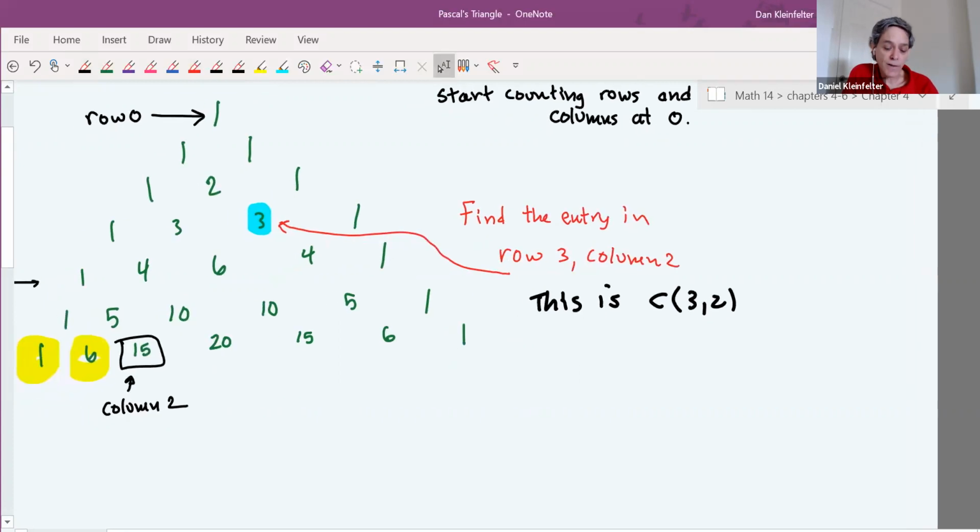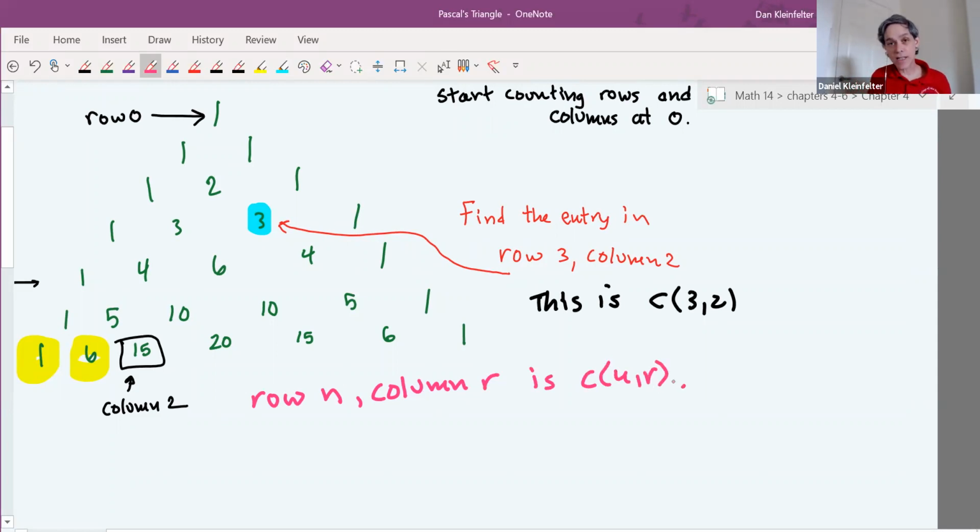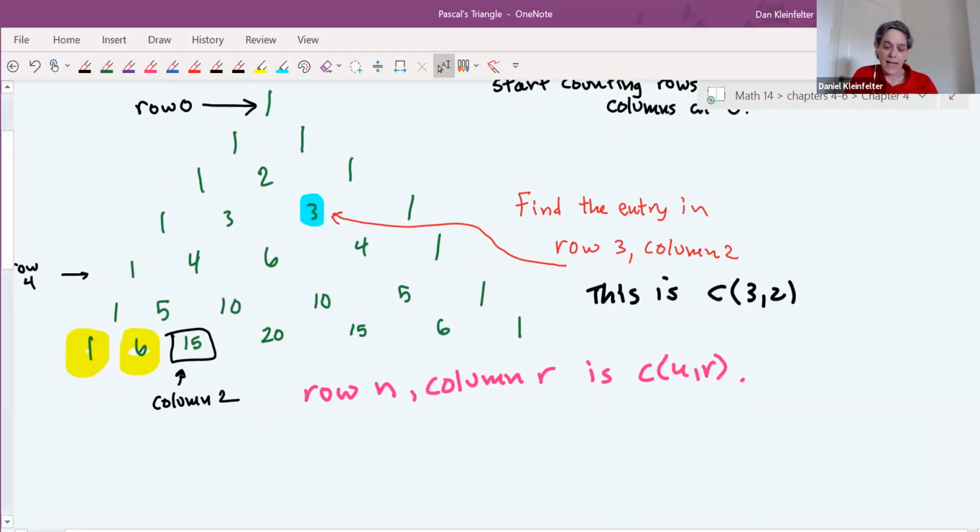In general, in Pascal's triangle, the row N, column R entry is C(N,R). Okay, so if you need to figure out C(N,R), you don't have to necessarily use the formula for this, especially useful if you have several to figure out because you can write out the table.